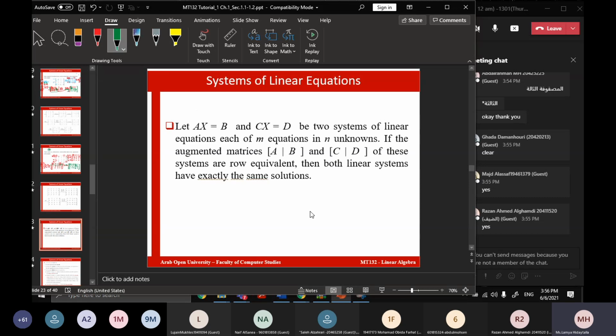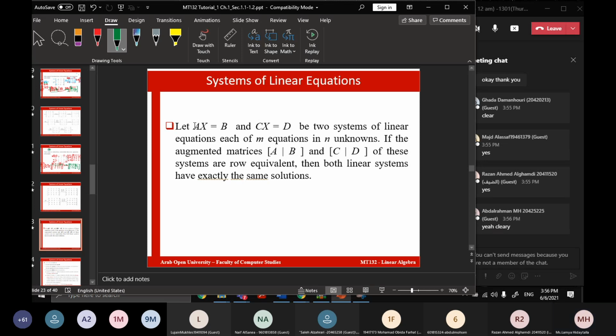Now let's go back to our main aim. Our aim is to what? Solve a system of linear equations. What we'll do first, if we have any system, is write it in matrix form, or in particular as an augmented matrix, and then try to reduce it to a simpler and equivalent system.